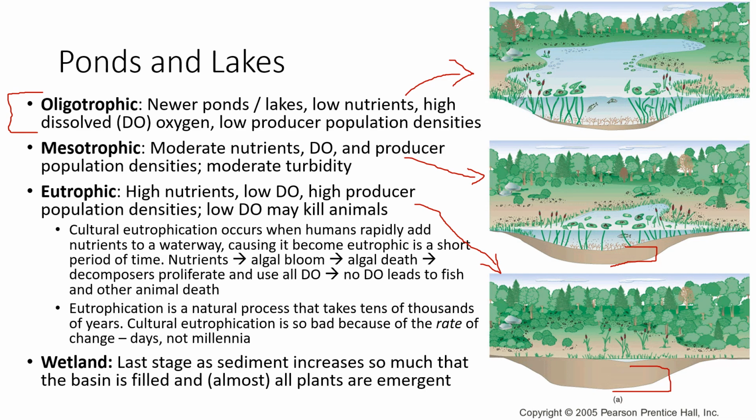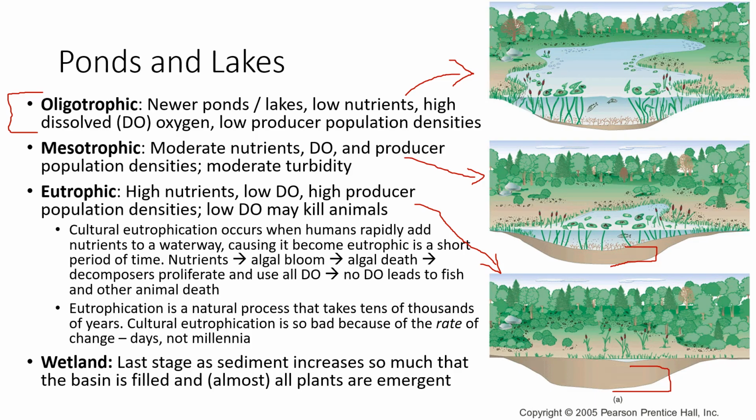There's high producer population densities, meaning many, many, many plants in that ecosystem. And the low dissolved oxygen may kill off a lot of organisms that depend on the dissolved oxygen, like bass and trout. But other species like catfish that are adapted to low dissolved oxygen will survive just perfectly and they'll be totally happy. You have lots of birds, very productive ecosystem.